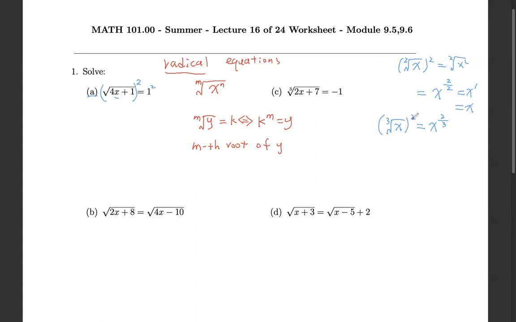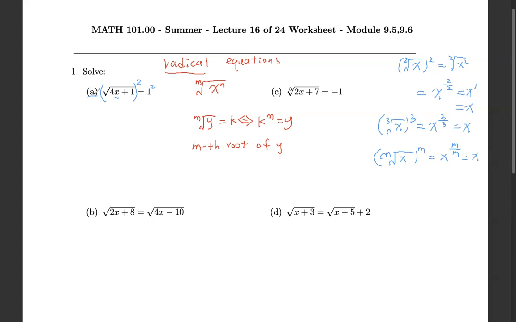So instead of raising by 2, I raise by 3, because 3 divided by 3 is 1. So I get x. That's how we get rid of these radical signs. In general, if we have the mth root of x, we want to raise this by the mth power, because that's x raised by m over m, that's x.